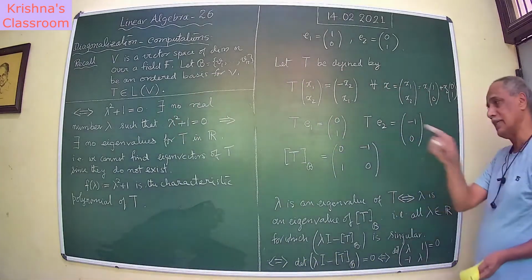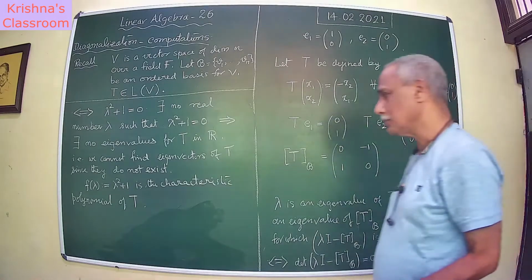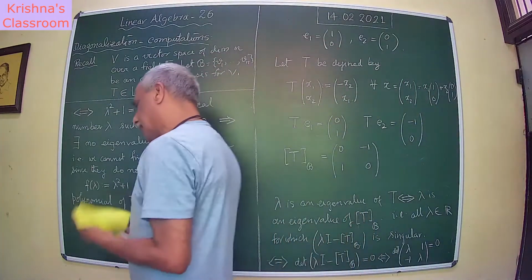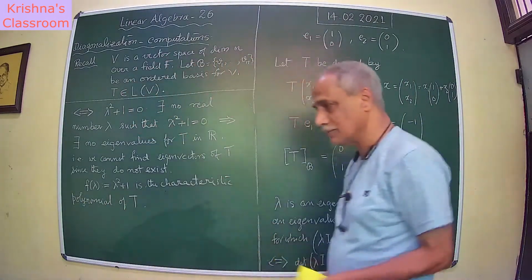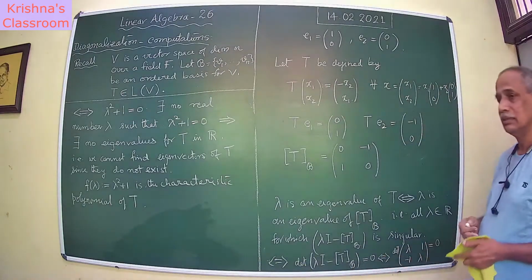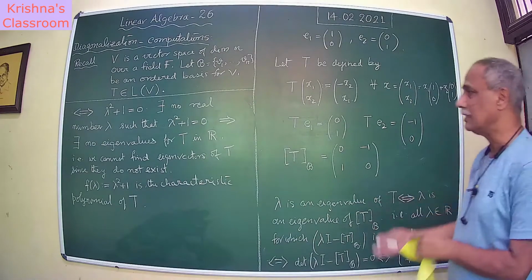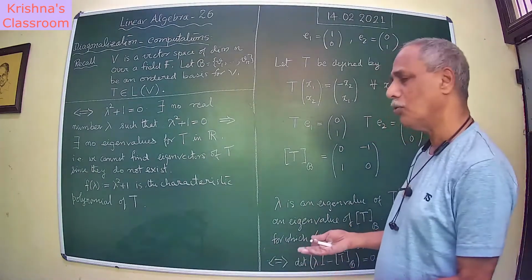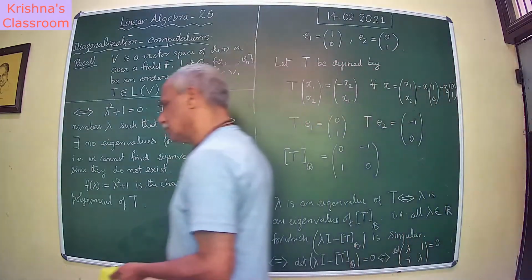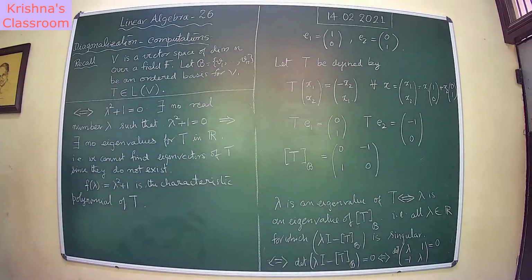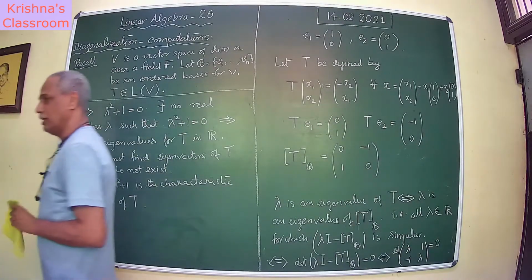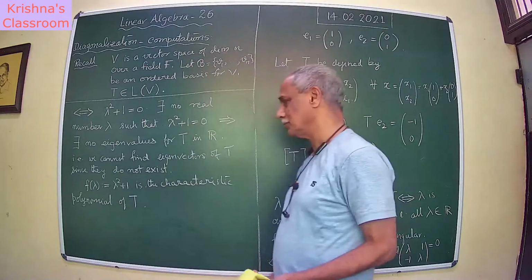Now when would this have zeros in a field? If you change the field to C, then R2 over C is not a vector space. Therefore, we have to change the vector space also.